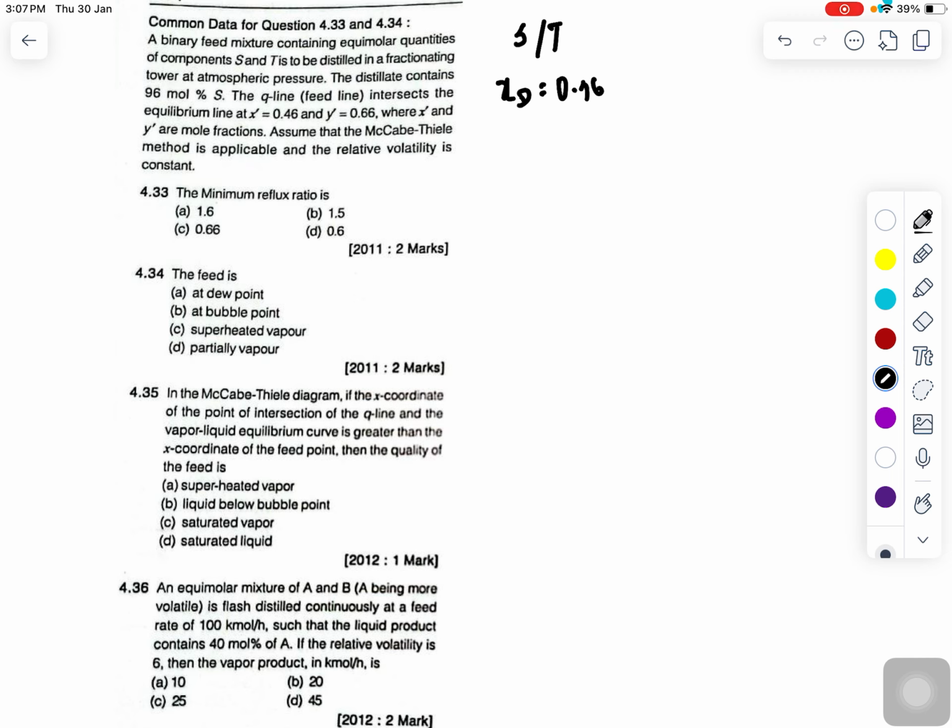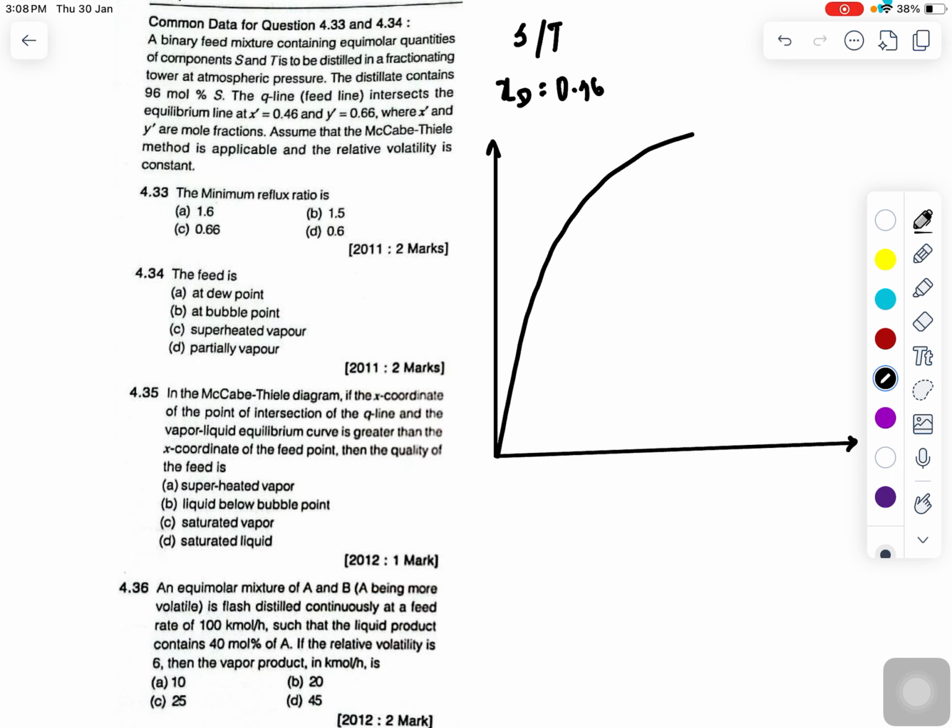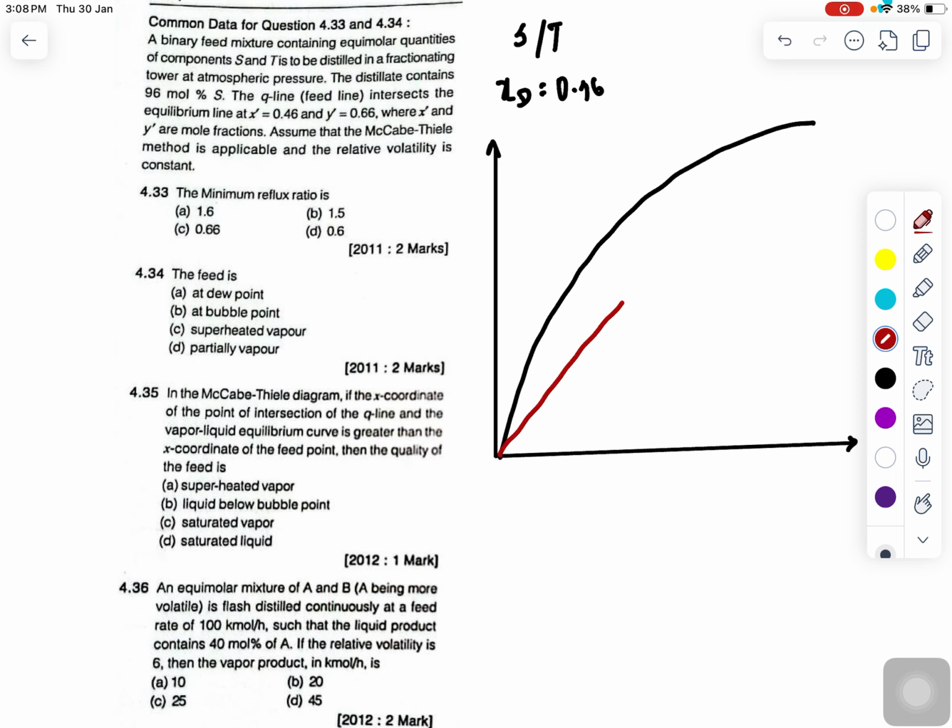The q line intersects the equilibrium line at x. So let's say if I am making a McCabe-Thiele diagram here, you can understand from here only. So this diagram looks like that. This value is given to you here, that is XD 0.96, and it has been said that an equimolar feed is there.